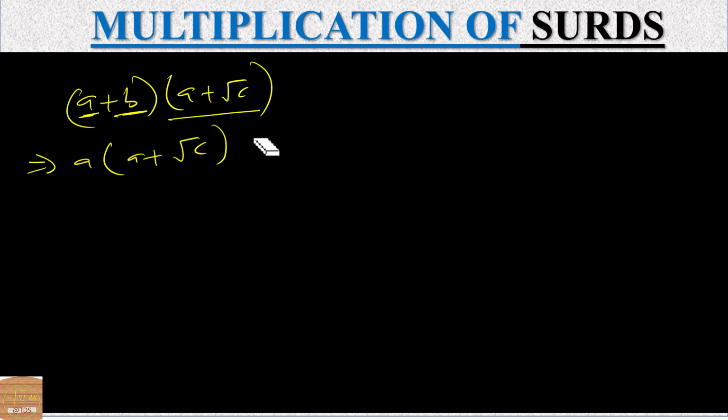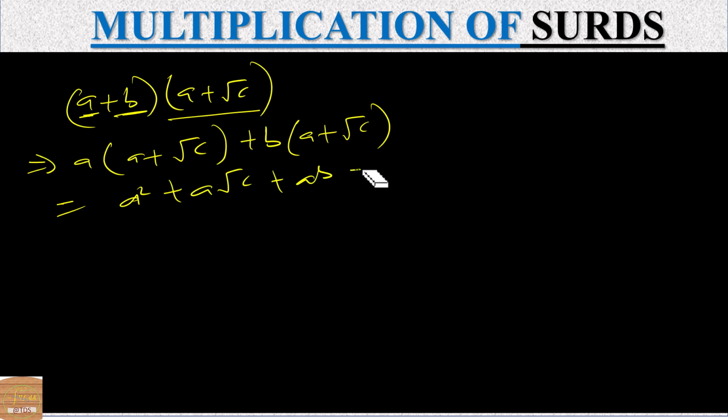So we have A squared plus AC plus AB plus BC. All right, we can't group like terms, because the terms are not similar. All right, now with this, let's solve examples.